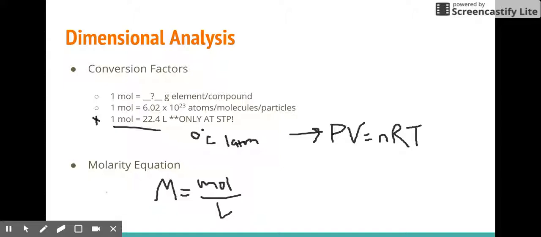So when we're working with molarity, the equation that we're working with there is moles of your solute, that's the stuff you're dissolving, over liters of that entire solution. Make sure that you are using liters here. You cannot use milliliters or anything else. It has to be in liters.